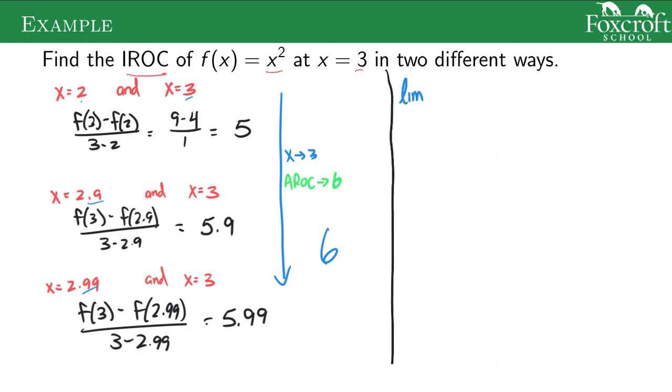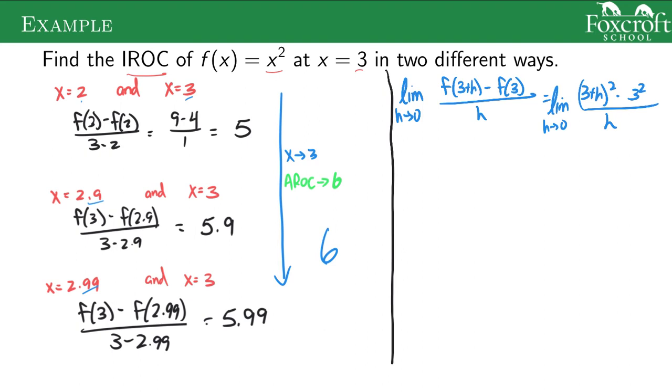So the limit definition is going to look like this. All right, so we have just a little bit of a distance away from 3 and f of 3. Again, that just means we're going to plug in 3 plus h into x. So we're going to get 3 plus h squared minus 3 squared.